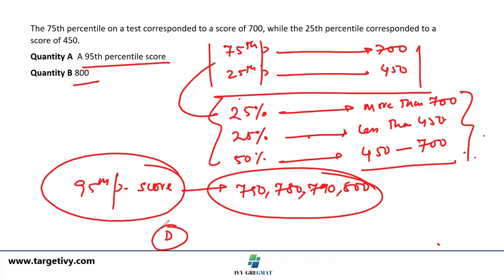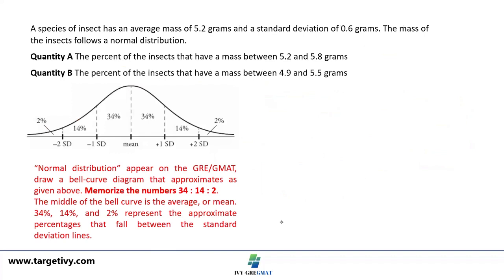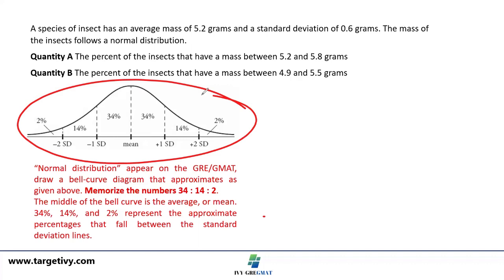Let's understand this part. In GRE and GMAT, whenever there is a normal distribution, if this is the mean and the standard deviation is +1, -1, +2, -2, the distribution in terms of percentage will be 34% on either side for an SD of +1.